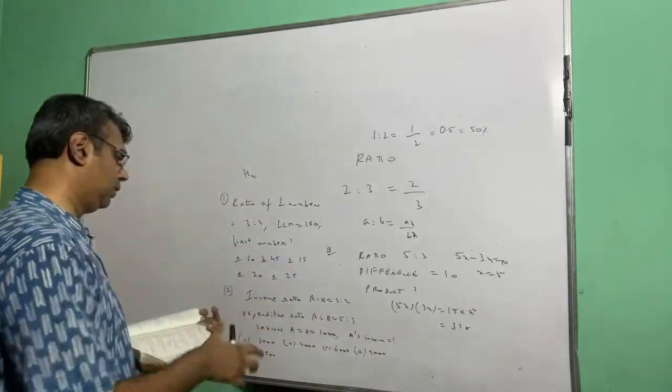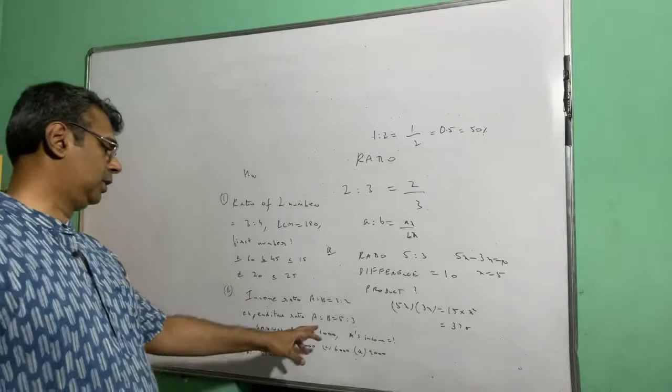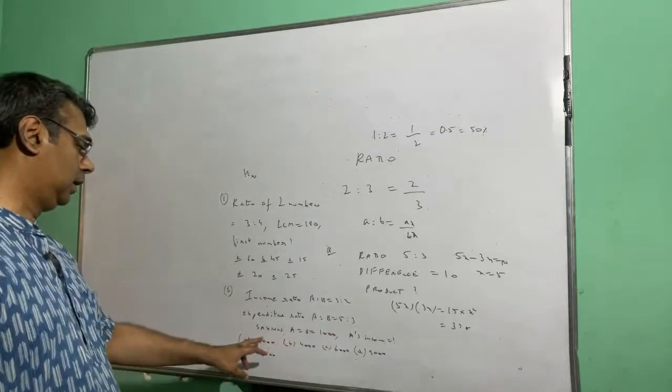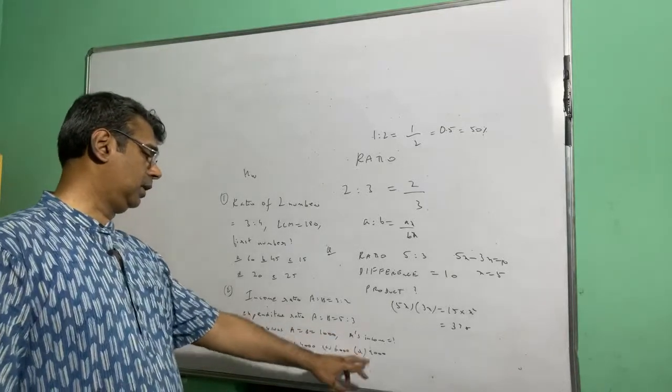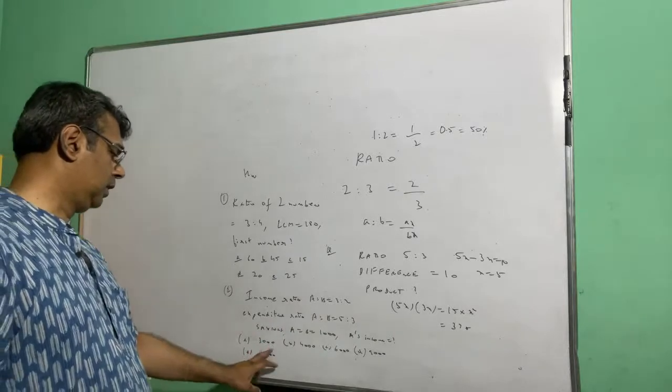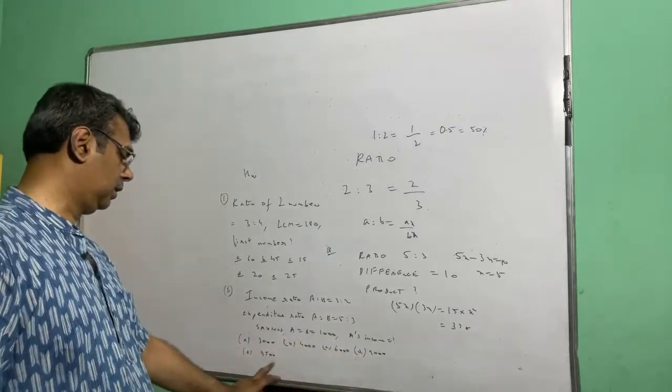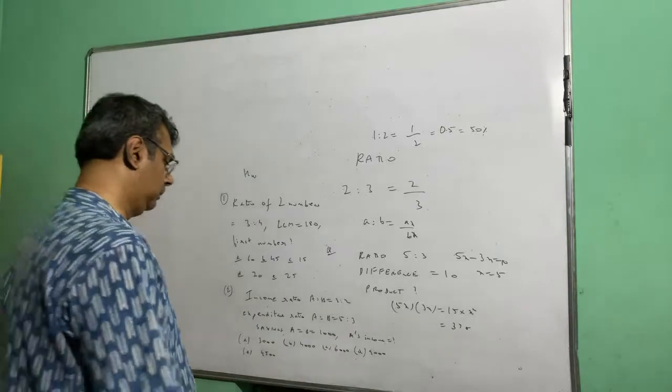Options are 3000, 4000, 6000, 9000 and 4500.